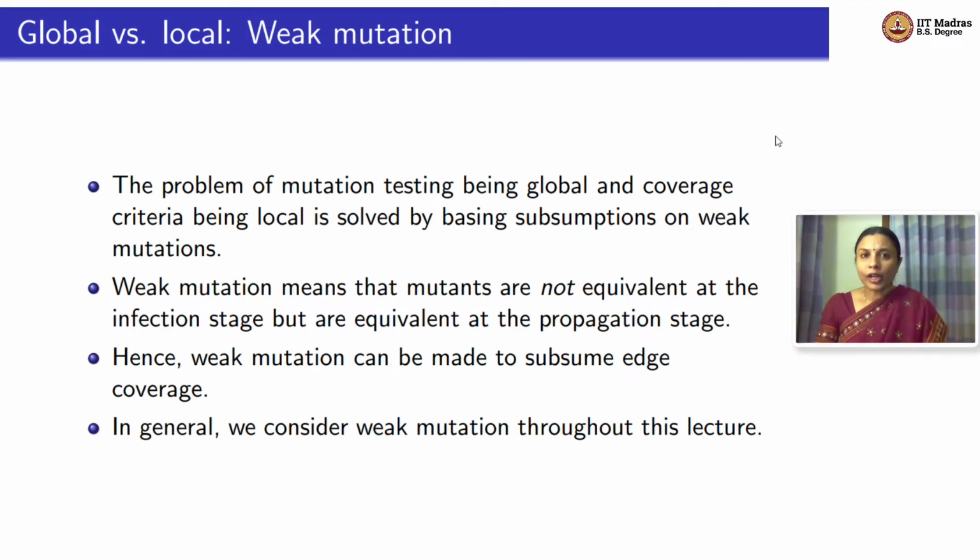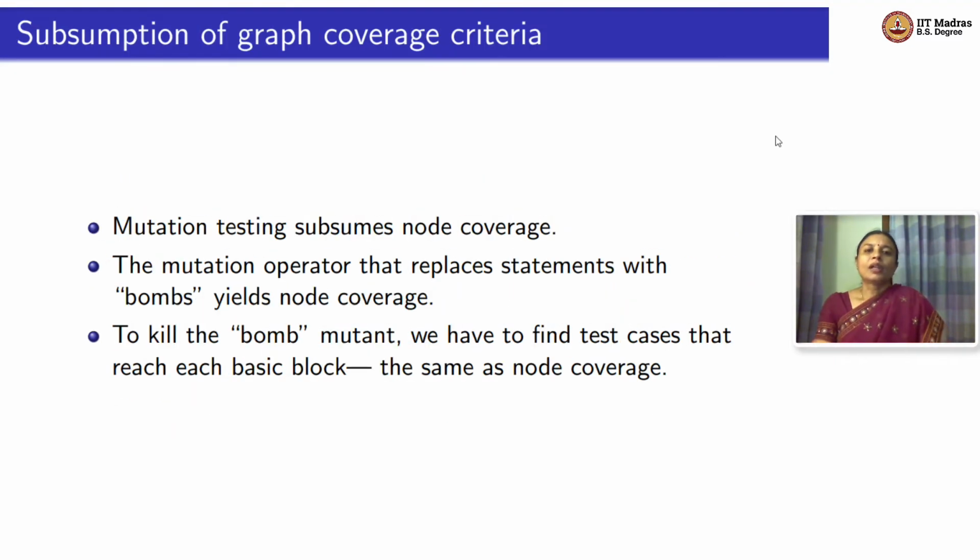That is enough for us to compare mutation testing with certain graph and logic-based coverage criteria. The first graph-based coverage criterion that we would like to compare mutation testing with is that of node coverage. It's fairly easy to see that mutation testing subsumes node coverage.